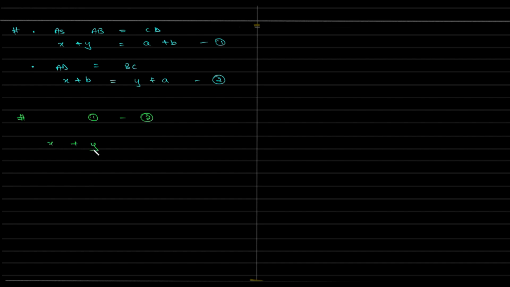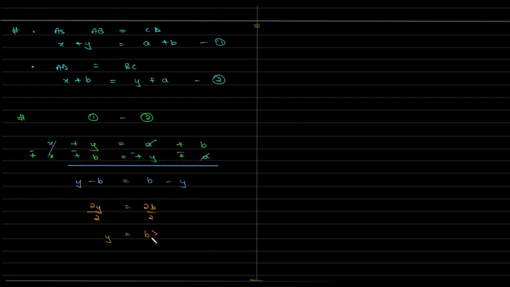X plus Y is equal to A plus B, and X plus B is equal to Y plus A. Subtracting, X minus X cancels, and A minus A cancels, and we get Y minus B is equal to B minus Y. If I transpose B and Y, I'll get 2Y is equal to 2B. Dividing by 2, we have Y is equal to B.